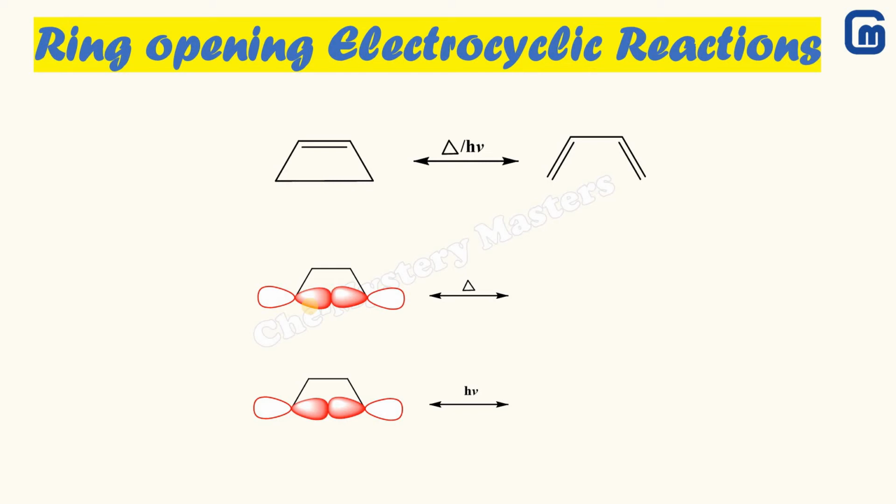Whenever the ring is getting closed, the HOMO of thermal condition or the HOMO of hν condition will be taken into consideration. Similarly, whenever the ring is getting opened, it is changed into the HOMO of thermal or hν condition.